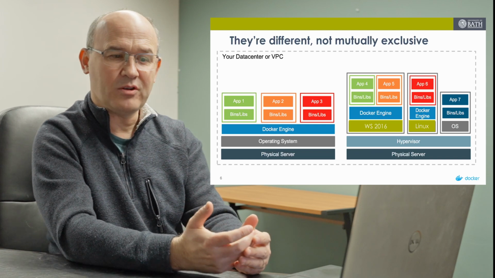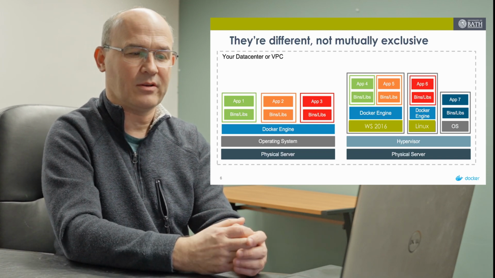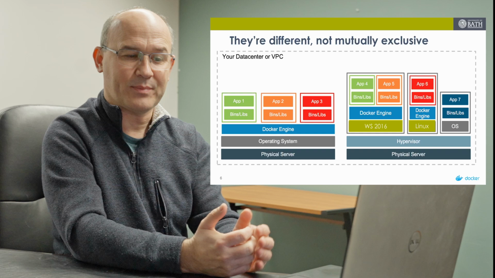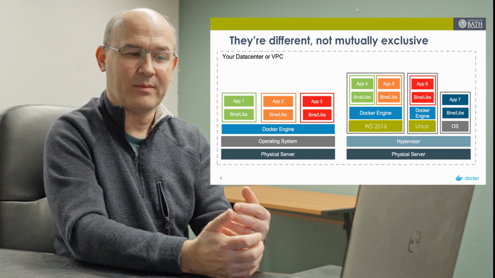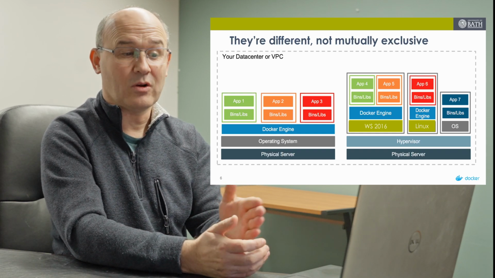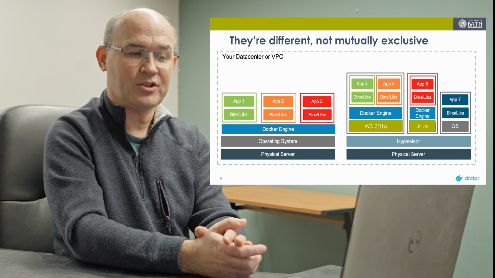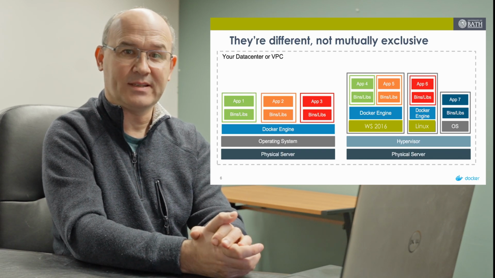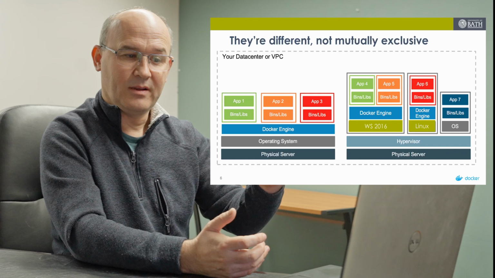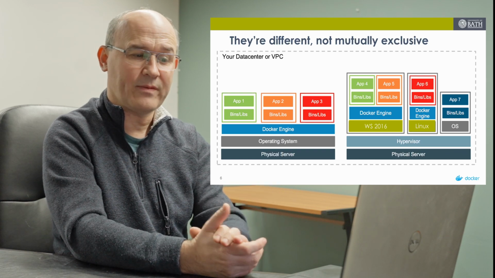You can, as I say, run Docker on a VM, and that's what you're seeing on the right-hand side, where with app 7, you're running binaries and libraries on an OS together alongside Docker, which maybe is running on the Linux operating system with a Docker engine and binaries and libraries on top of that.